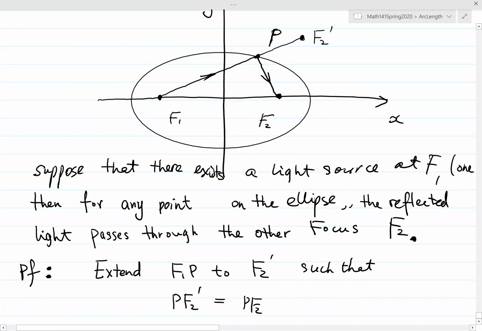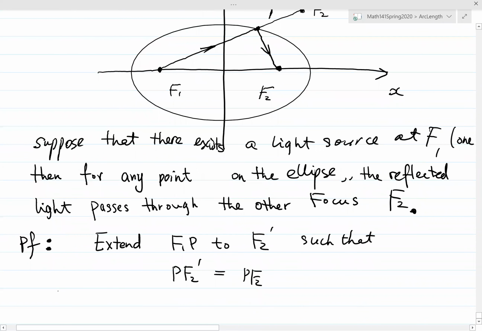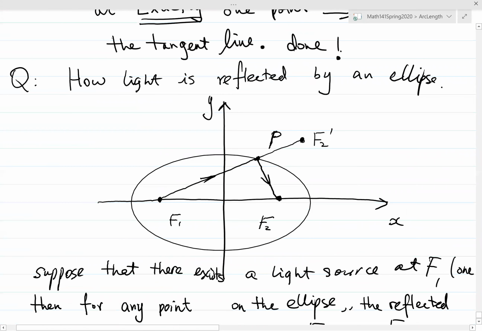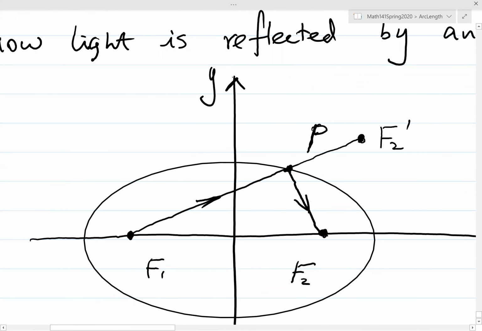Then we do the bisector. Let L be the bisector of the angle F2 prime PF2. Okay, what we do here is we use this bisector.